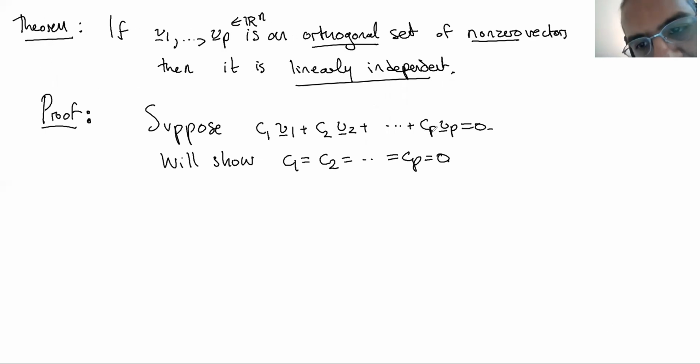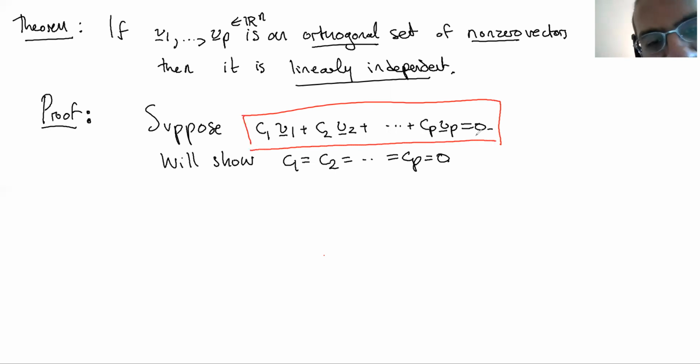Again, you have this linear combination that's 0, and you have to show all the coefficients are 0. How would I do this? The trick is to take a dot product. This is what I know, I'm assuming this, and I need to show the coefficients are 0.